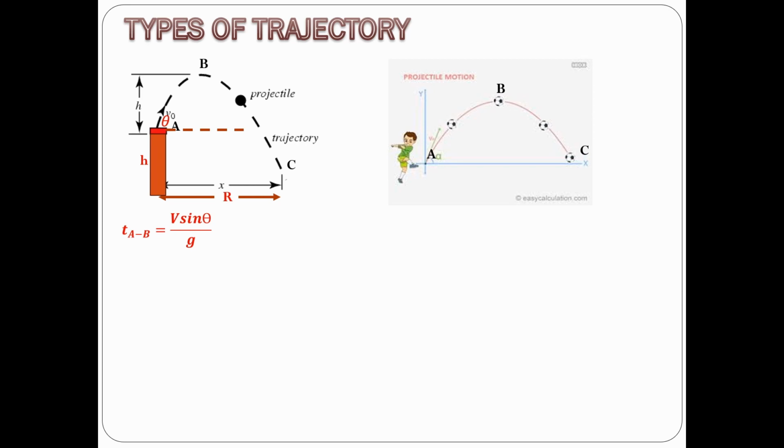Typically, in this problem, the velocity v of the ball is given and also the angle is given. Now, how can we find the time it takes to go from B to C?